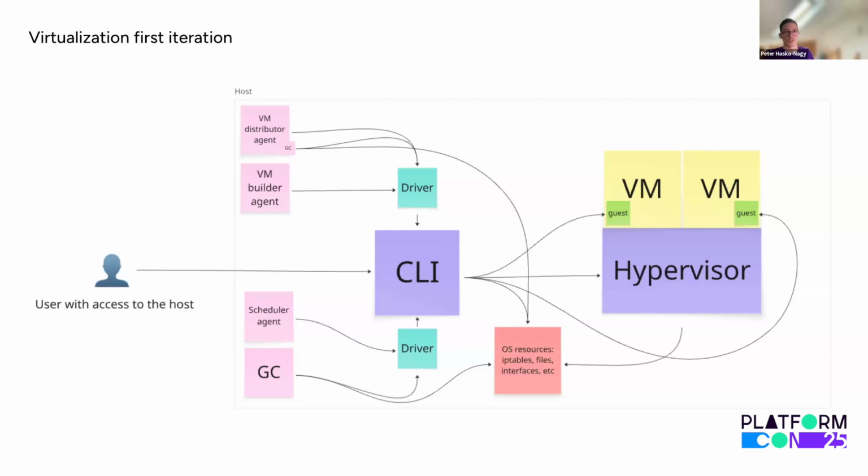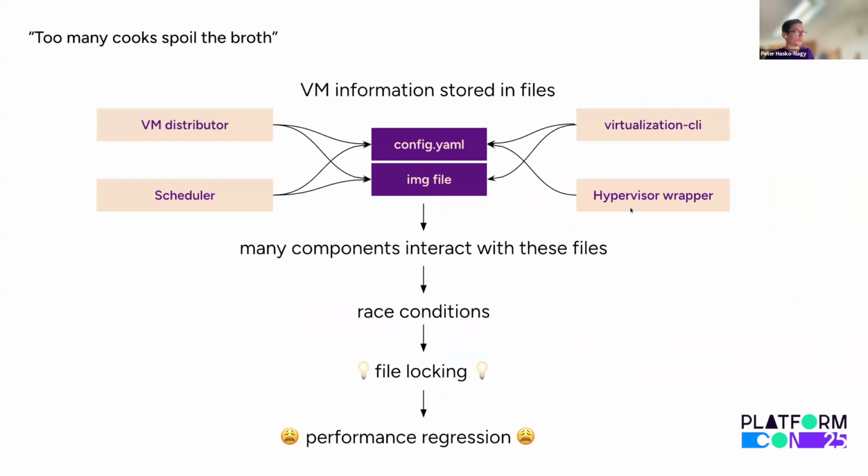So here you can see the same problem with a different visualization. In the middle, in purple, you can see VM resources, which are files on the disk, and you can see the services continuously and simultaneously writing and reading and interacting with those files, which introduces race conditions.